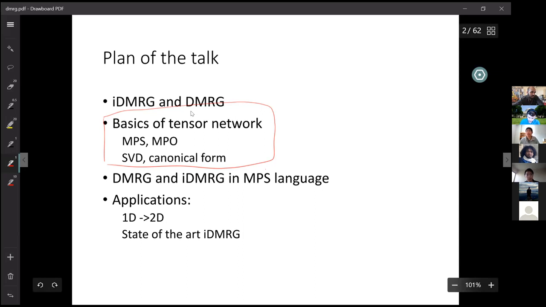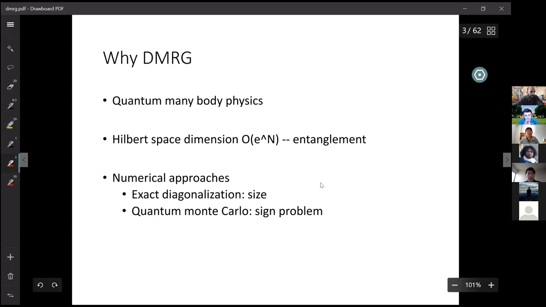So instead of giving you a detailed description of one or two applications of DMRG, I think it's more important to just introduce this language to you so that you can sit down and figure out many other applications later yourself. Okay, so let's get into the topic.